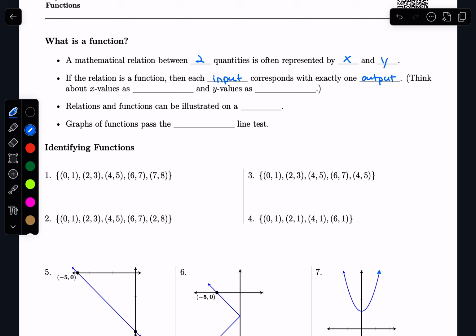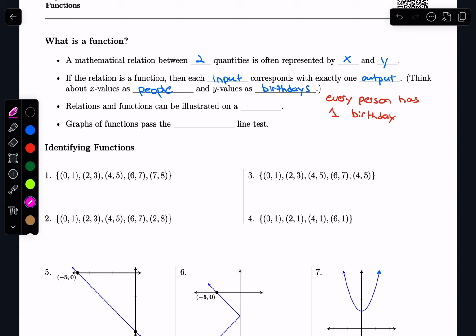So now, what does that really mean? We can make it a lot easier to understand by thinking about x values as people, such as yourself or any of your friends, anybody you've ever met, and y values as their birthdays. So now how does that help? Well, it says that each input corresponds with exactly one output. So every person, because people are the input, has one birthday, where birthdays are the output.